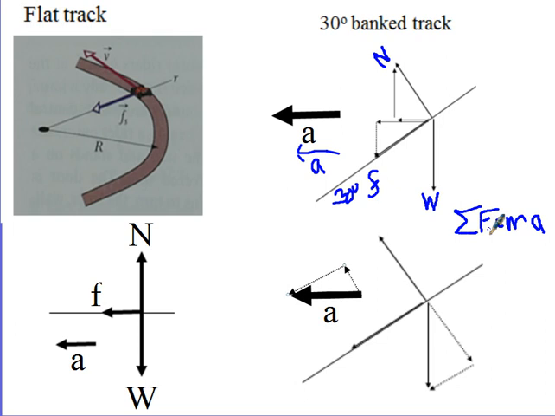Here, let's go with the ones that are going parallel to the track. You would have the friction going parallel to the track, and in the same direction you would have the component of the weight. If that's theta, then that's theta, so that's W sine theta.